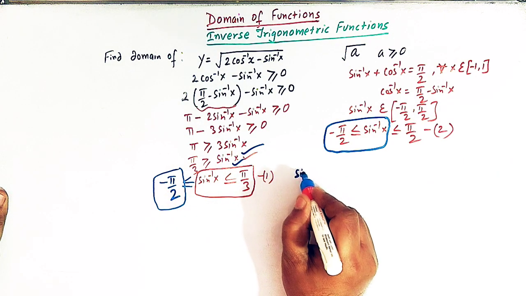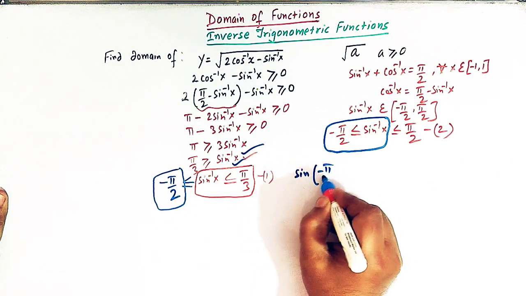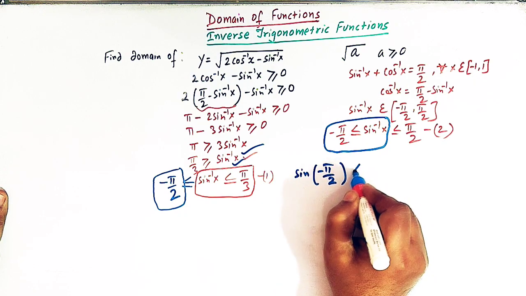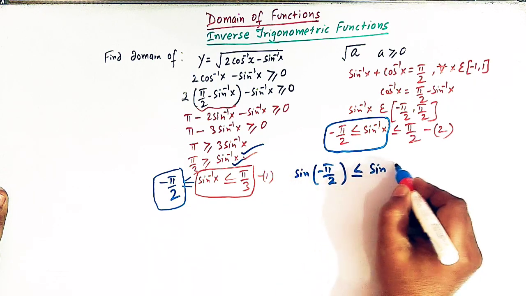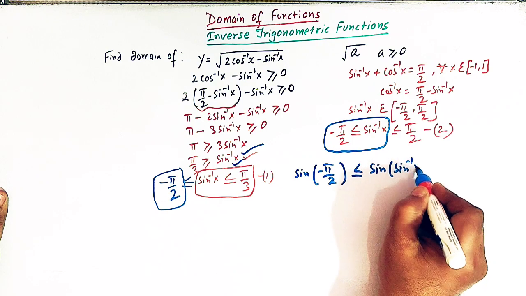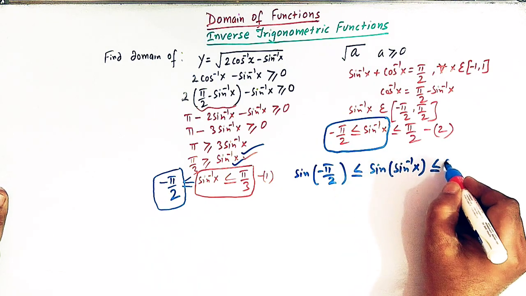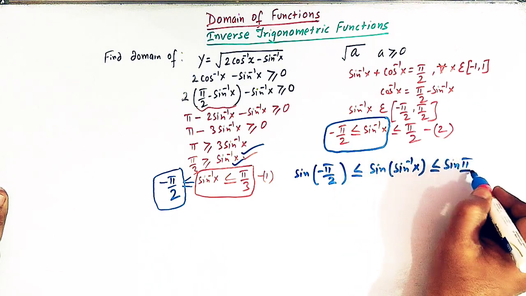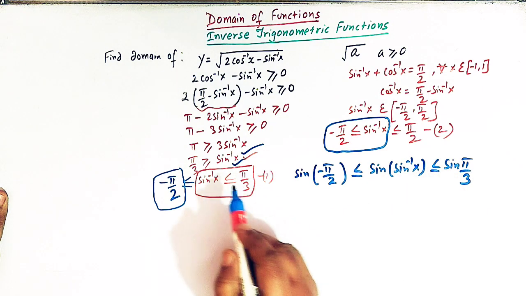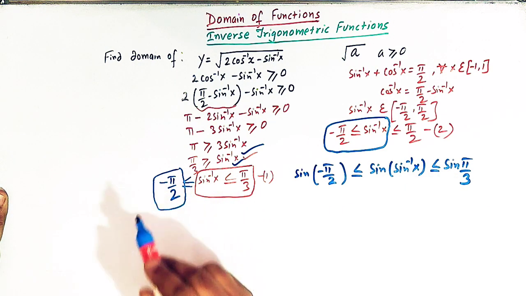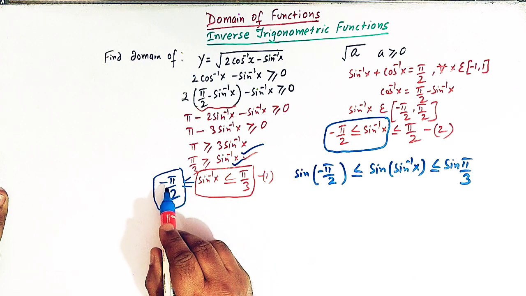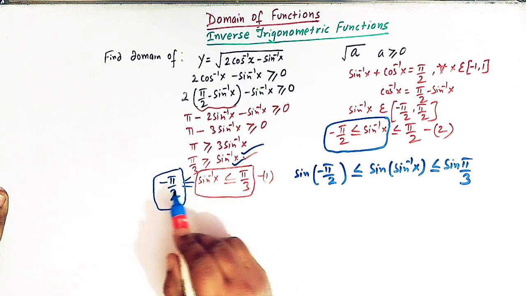So we have sine of minus pi by 2, and here we have sine of sine inverse x, and here we have sine of pi by 3, right? So what we have done, we have taken the sine function of all these three numbers.